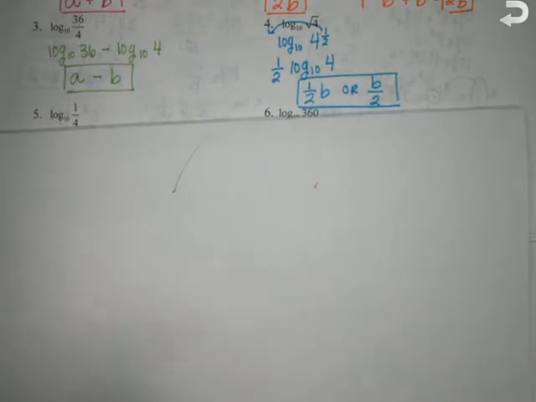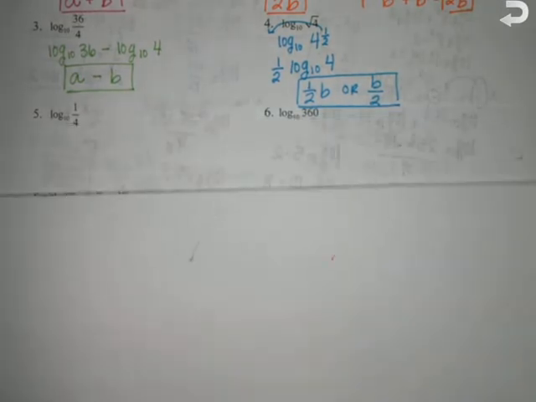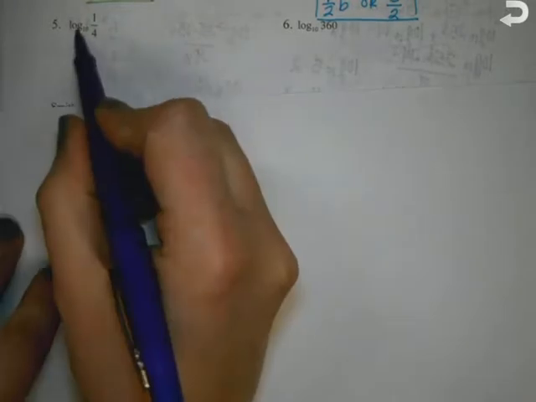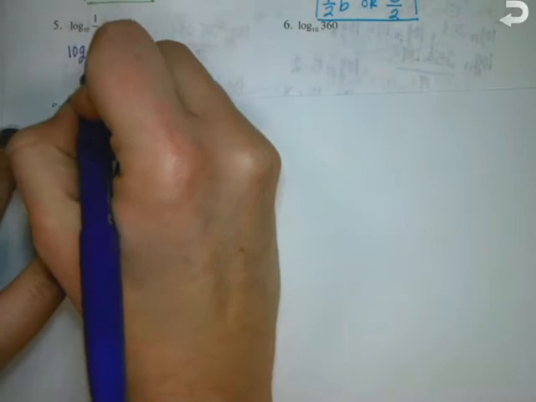Okay. Number 5. Log base 10 of 1/4. Now I already have a 4, but it's not log base 10 of 4. So how could we rewrite it? If I want to move that 4 up, I have to make the exponent negative. So that's log base 10 of 4 to the negative 1.